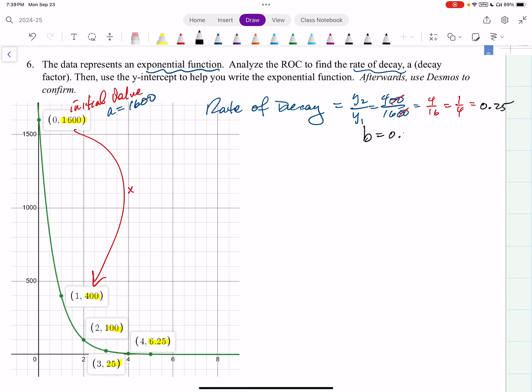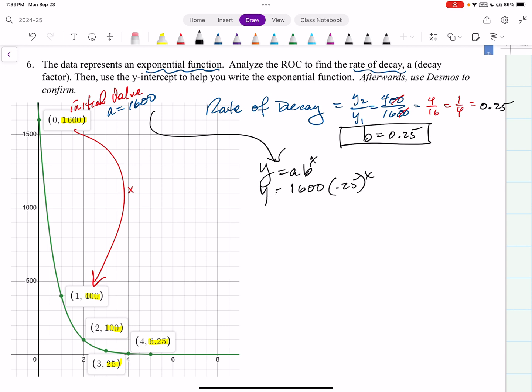b is 0.25. Now your function is always a times b to the power of x. We know our a value is 1600, so 1600 times 0.25, or you can say 1/4, to the x power.